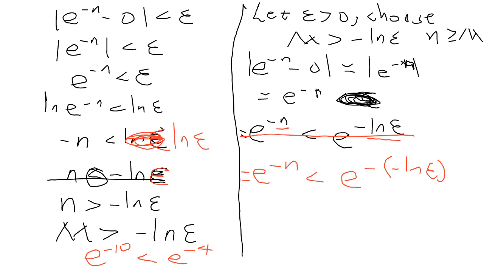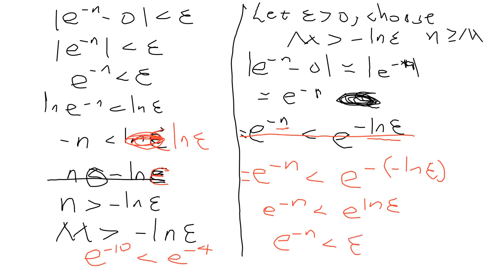So negative epsilon, negative because remember m is greater than negative ln epsilon. There was already a negative there, so we need to take account of that. So e to the minus n is less than e to the ln epsilon. Ln cancels e, so we're getting e to the negative n is less than epsilon.